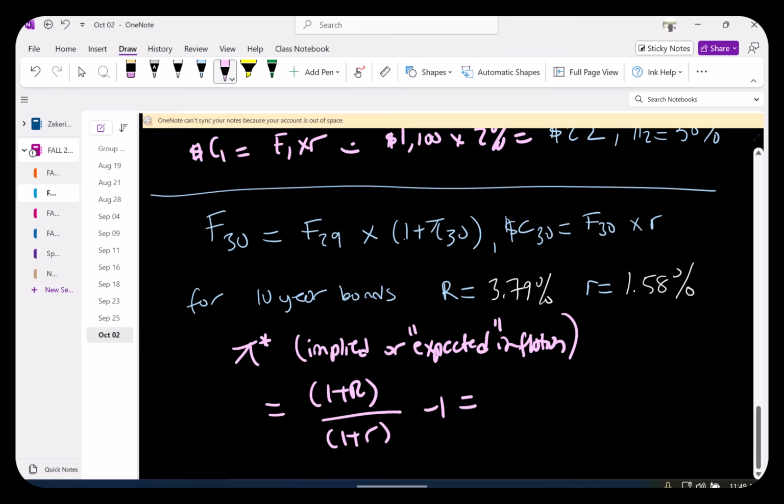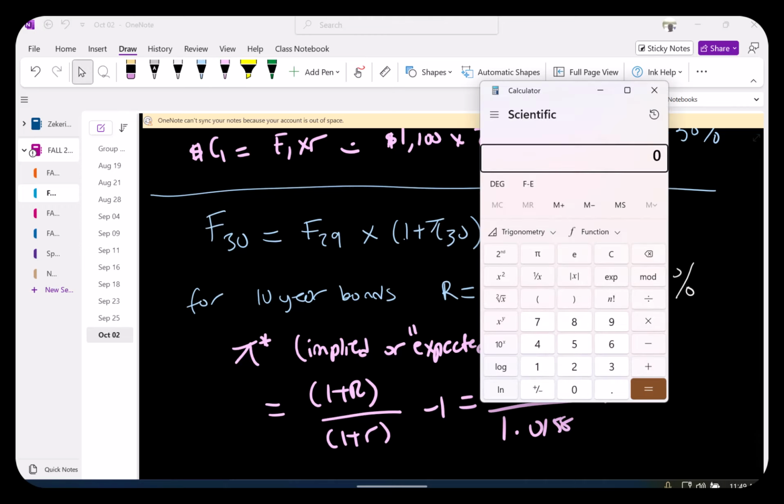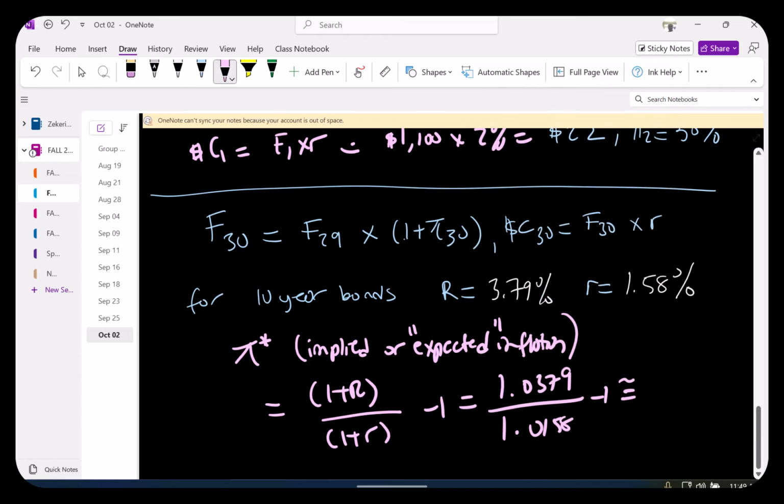So that's 1.0379 over 1.0158, minus 1. That's 2.18%.